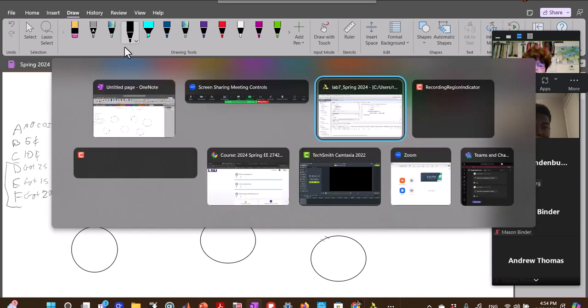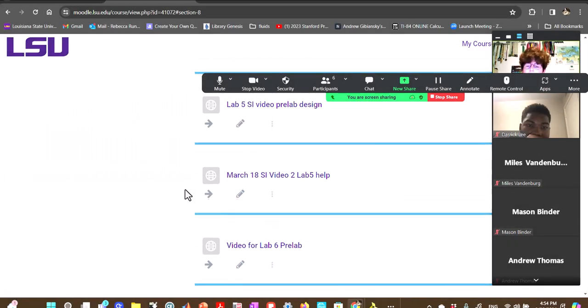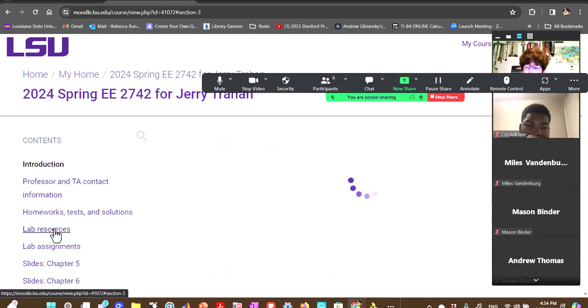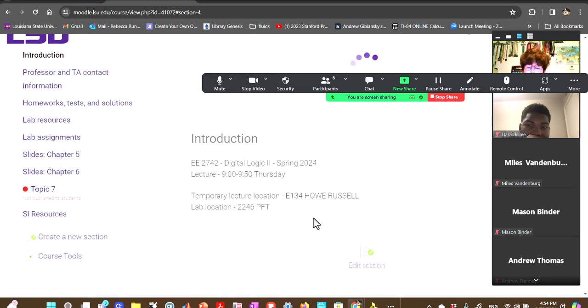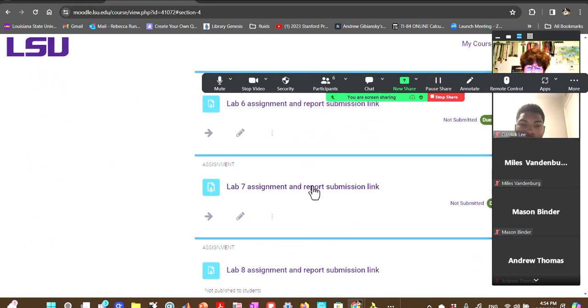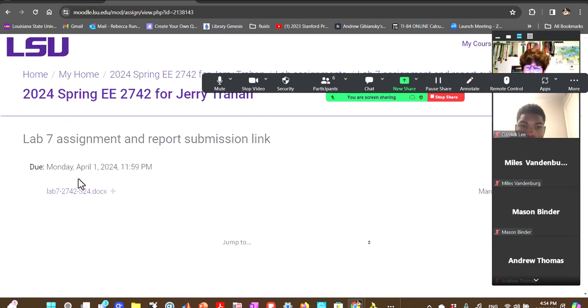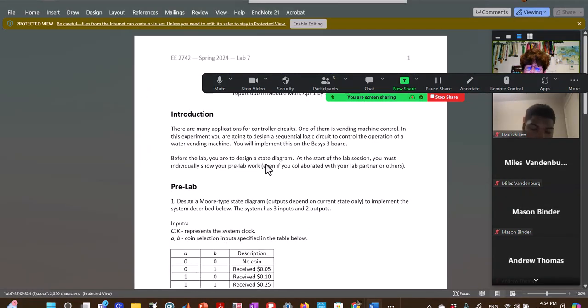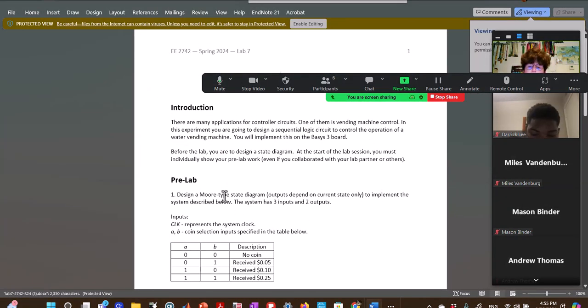So let me show you where that is in the directions. Design a Moore type state diagram. Outputs depend on current state only to implement the system described below.